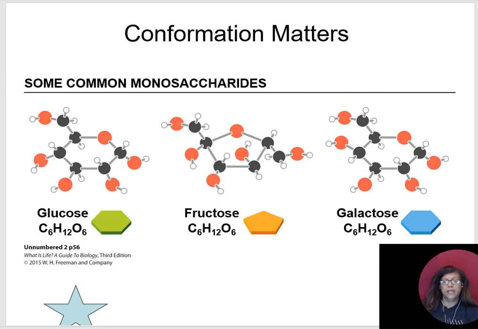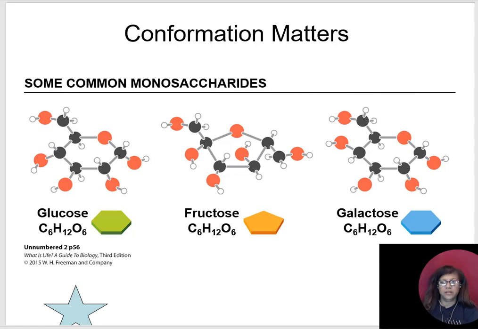Let's look a little bit closer at how conformation matters. So here are some common monosaccharides. And again, we're going to get into terminology. We talked about macromolecules, larger molecules. Now we have monosaccharides. Mono meaning one, saccharide meaning sugar.